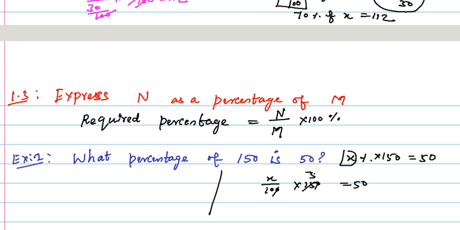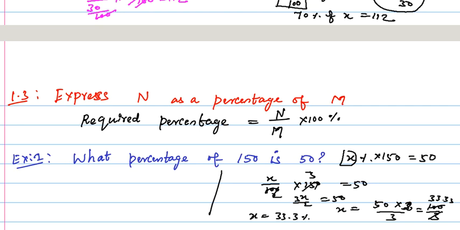Further, you can divide by 5. From that, 3x divided by 2 equal to 50. So x equal to 50 into 2 divided by 3, which is 100 by 3. If you simplify, you get 33.33 percentage. So x is equal to 33.33 percentage.